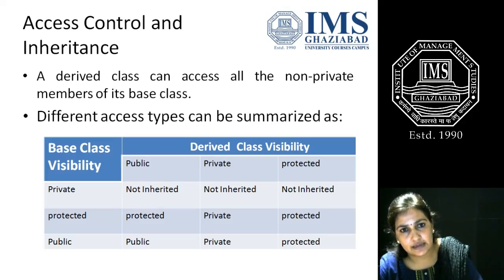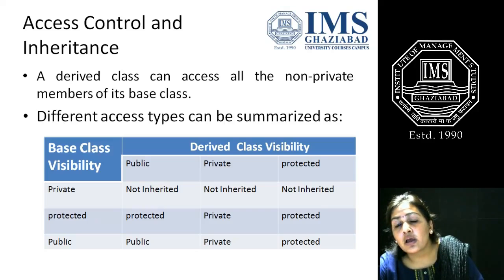Different access types or visibility modes are summarized here. On the left-hand side it's shown base class visibility, that means a member is private, protected, or public in the base class.